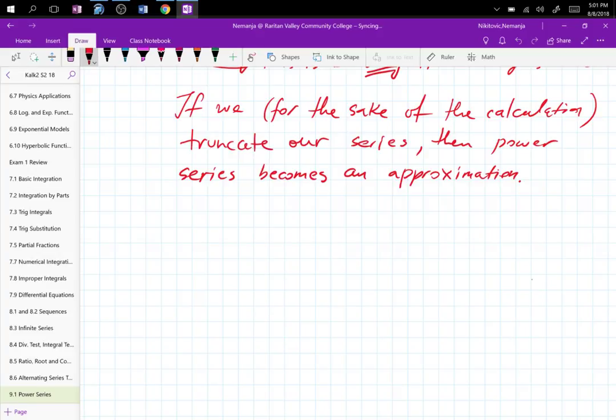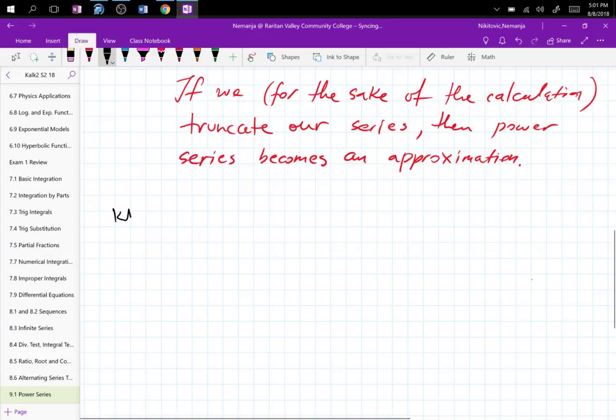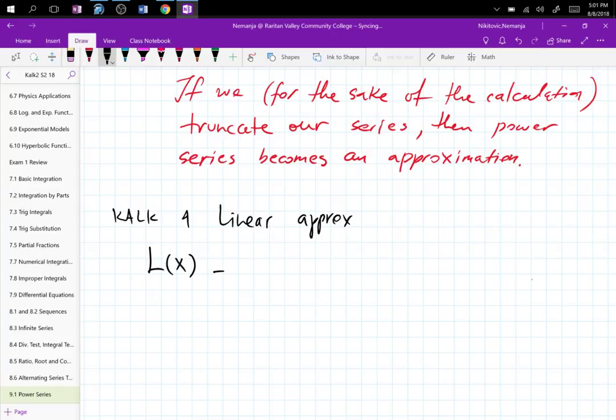If you are to recall the formula from Calc 1, linear approximation, the formula was given as L of x is equal to f of a plus f prime computed at a times (x minus a). So this is the way the formula was written in your Calc 1 class.